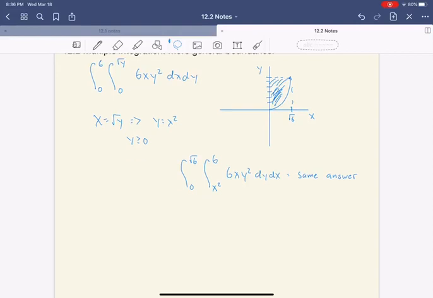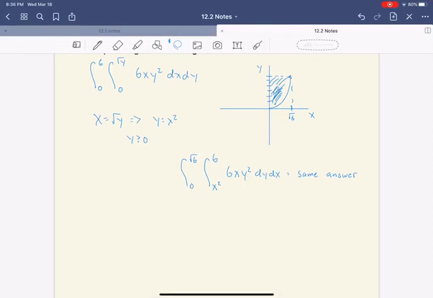But let's go to the original. So let's take the integral from 0 to 6, 0 to square root of y. Let's just do the integral in x first.